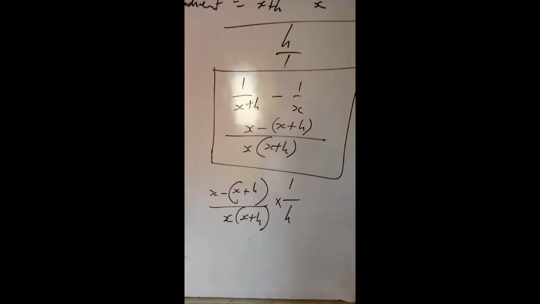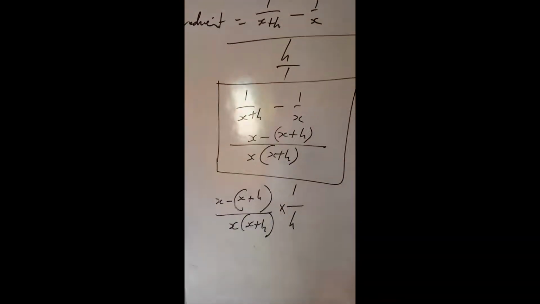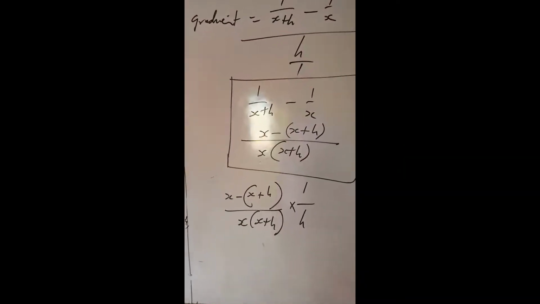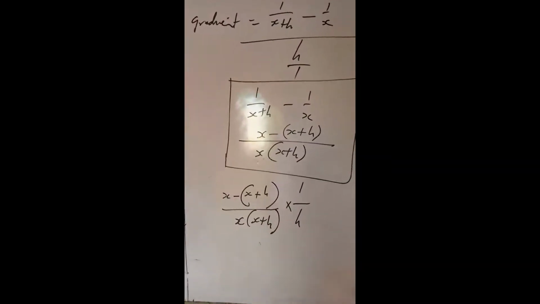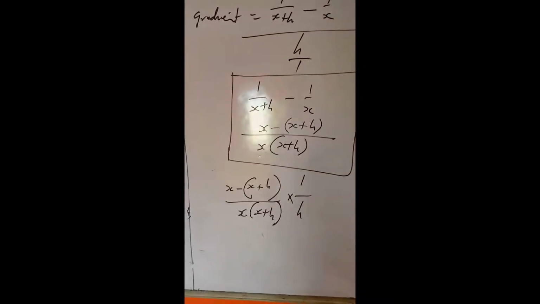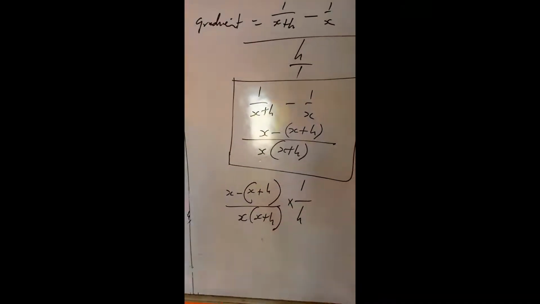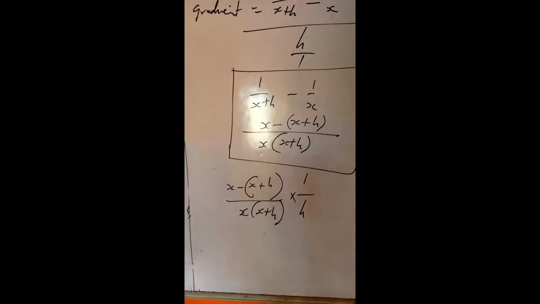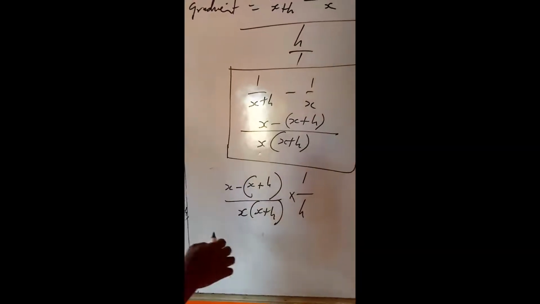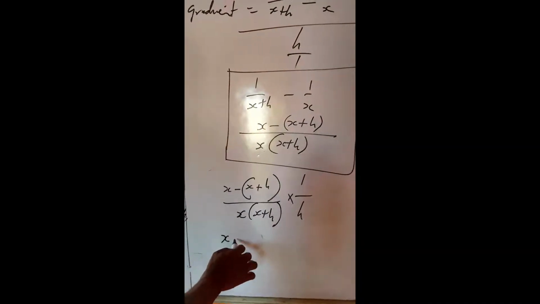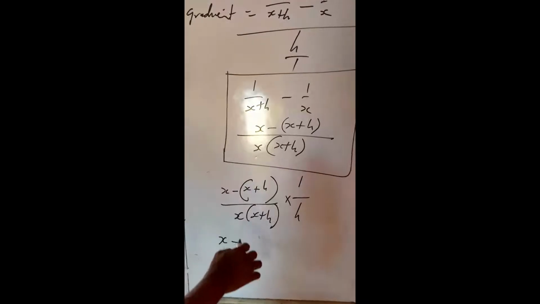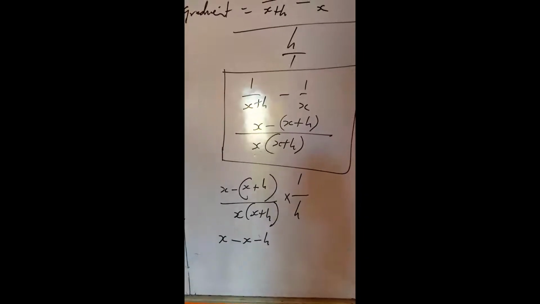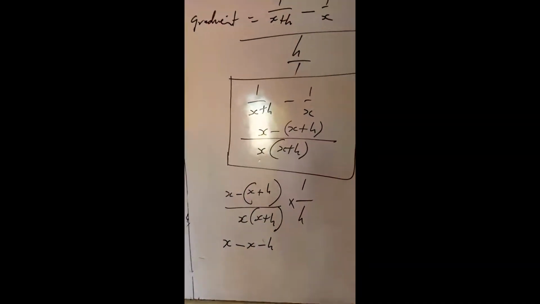So having done that, you will discover that if you open your bracket, you are going to get something that looks like this. You are going to have x minus x minus what? h. That's what you are going to have.